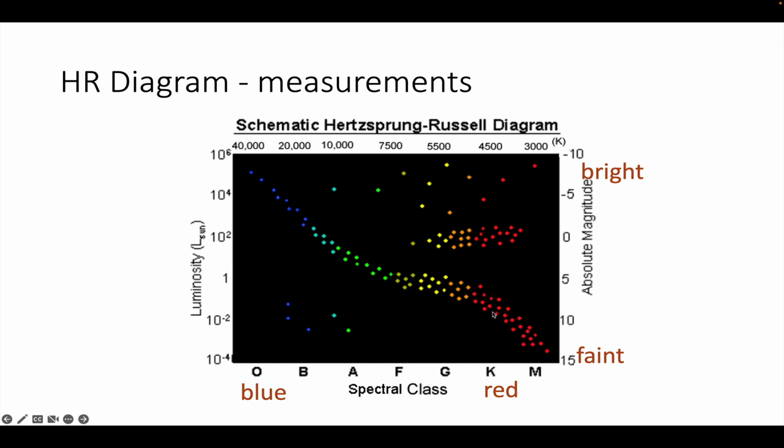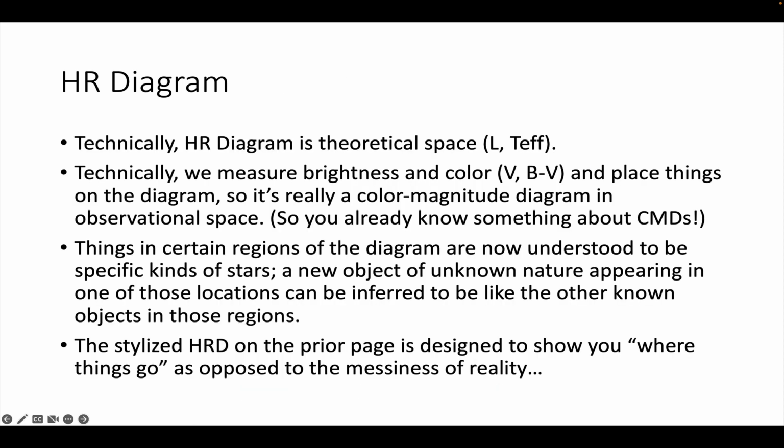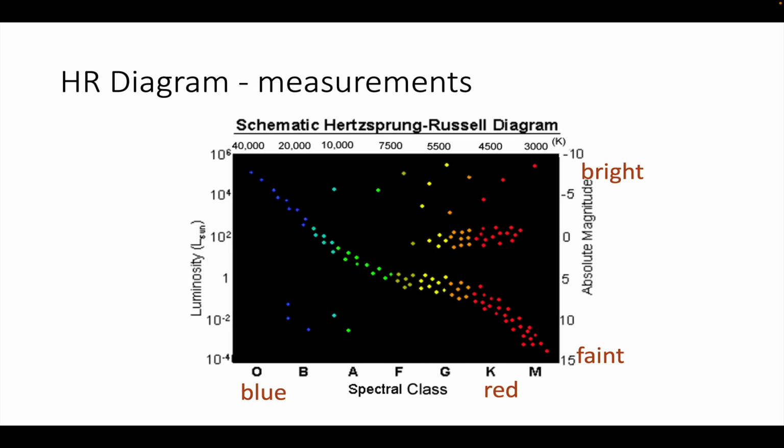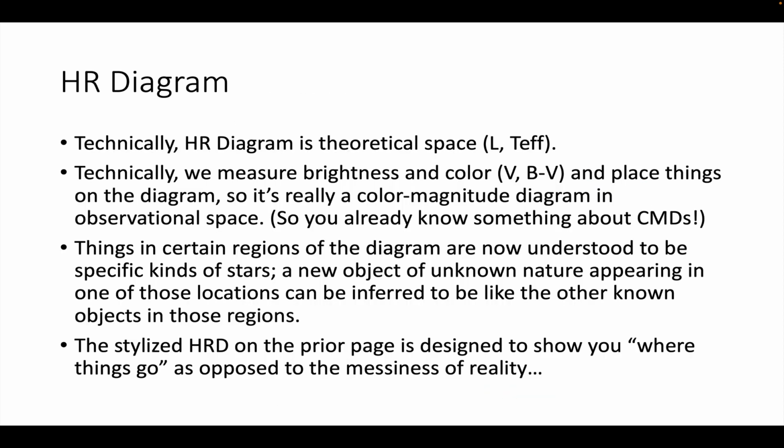So you already know that if I tell you where something is in this diagram, you can tell me something about it. And so if you plop a new object in one of those locations, you can make a guess as to what it might be. So this is a stylized, cartoony HR diagram.